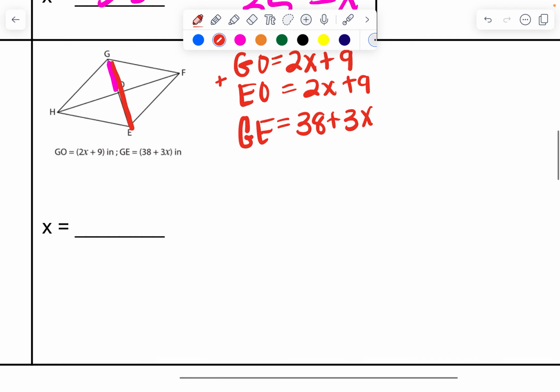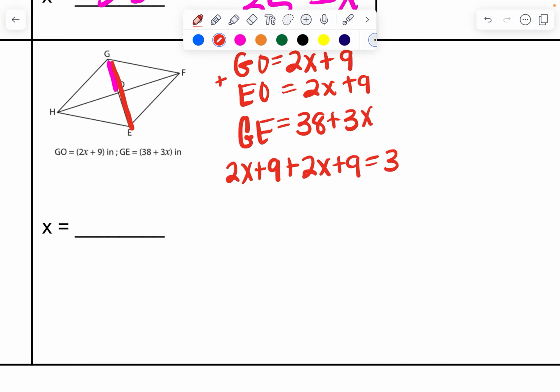So solving this one, 2x plus 9 plus 2x plus 9 is 38 plus 3x. Combining like terms, I get 4x plus 18 is 38 plus 3x.